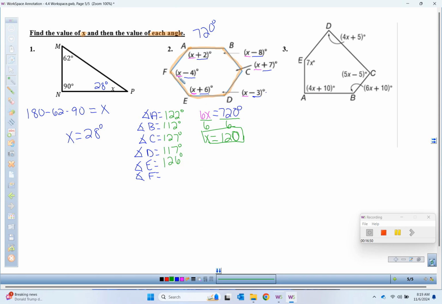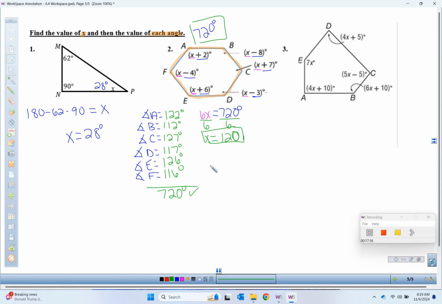And 120 minus 4 should give you 116 degrees. If you wanted to check yourself, you could simply add all of these together. And you should come up with the interior angle sum of 720 degrees. Okay, so this does check out.